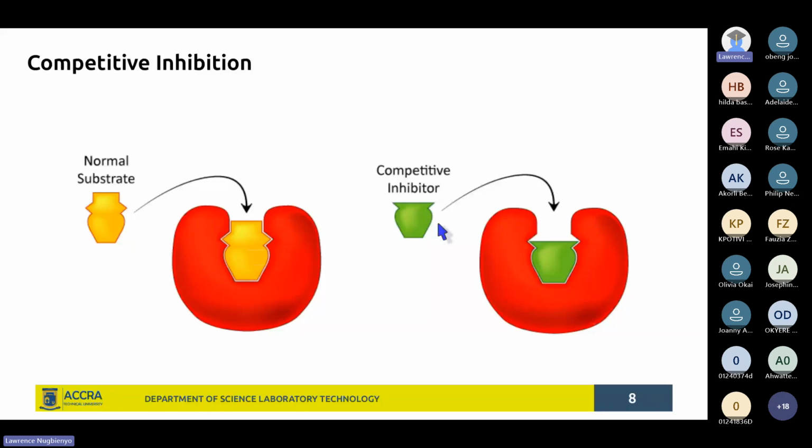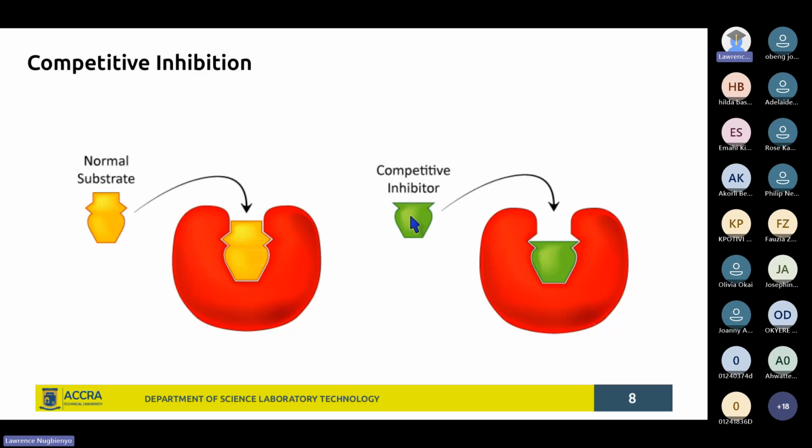So that's why we refer to them as structural analogs. They are not functional analogs. Functional analogs would mean that they can carry out the same functions, but the inhibitor does not carry out the same function as the substrate, though structurally they look alike.